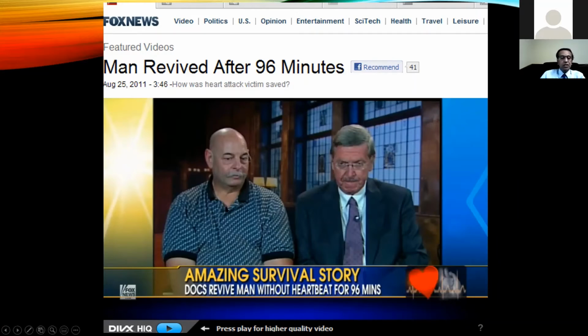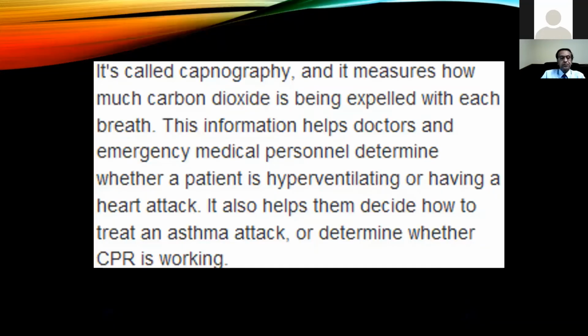I think about the 13th or 14th shock, the patient's heart is revived after 96 minutes, and he goes to the hospital and gets an angiography and a big plaque removed from the coronaries, and he makes a very good recovery, neurologically intact. And this was one of the news items on television channels.